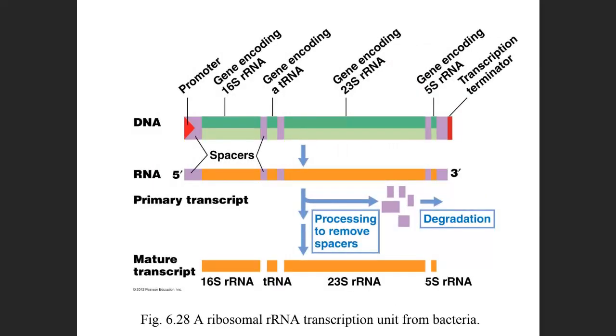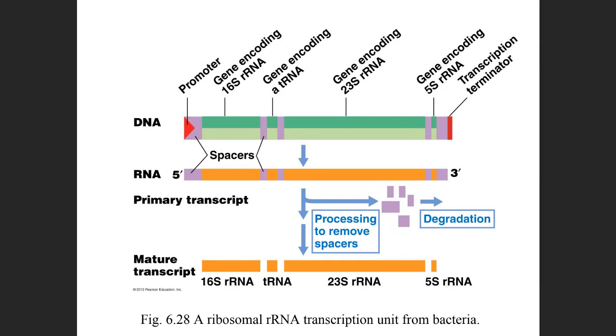So when we think about translation, this is again transcription. This is the promoter, this is on DNA, this is RNA, and there are some interesting exceptions to the general rule, which is how the ribosomal RNA is made.